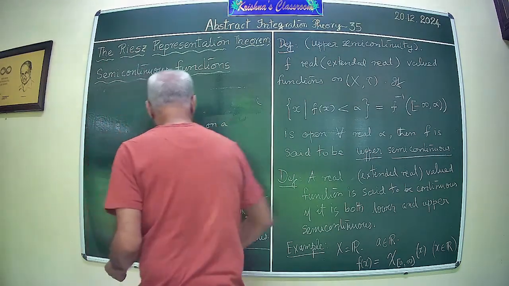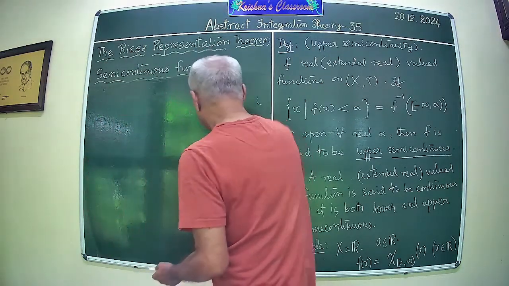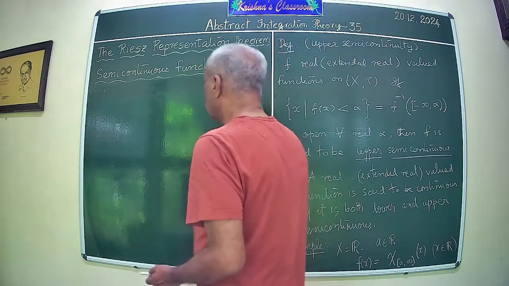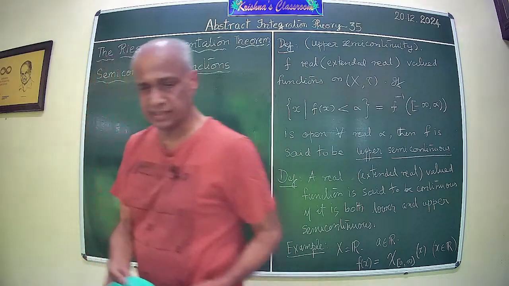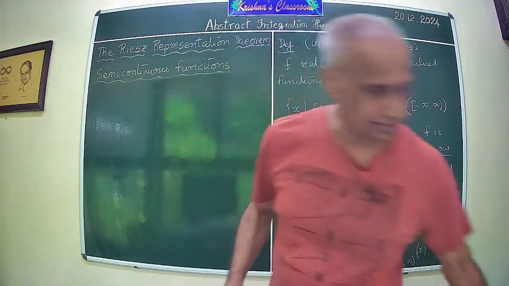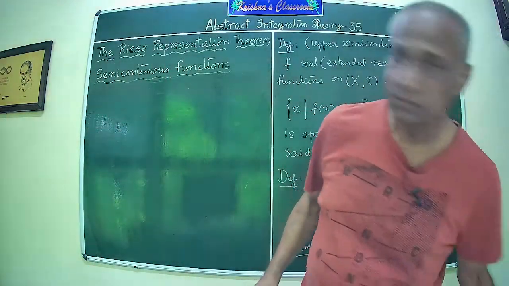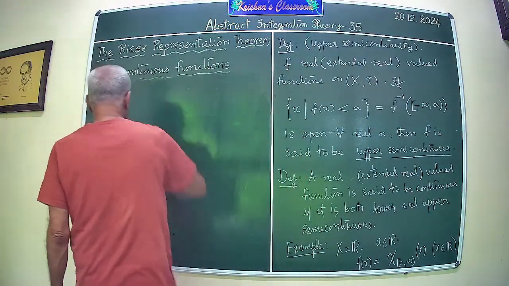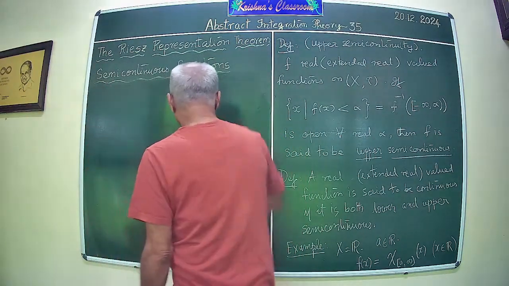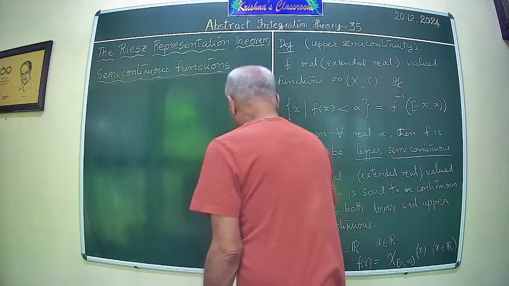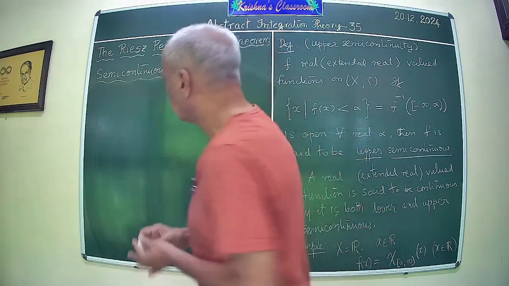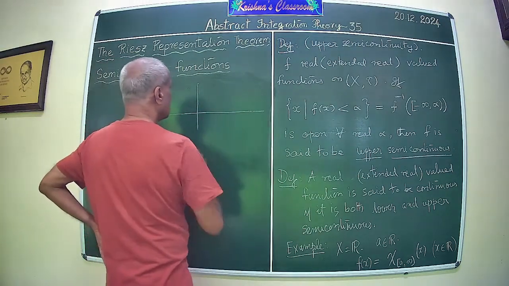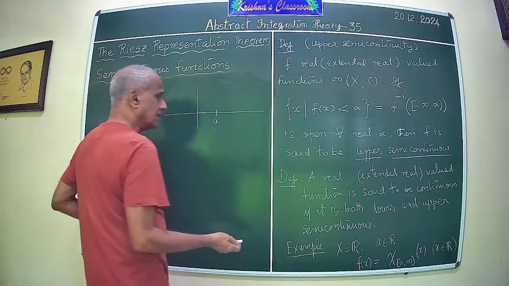It has a discontinuity at a. So, the graph of the function is the following. Suppose this is a, not necessarily positive.